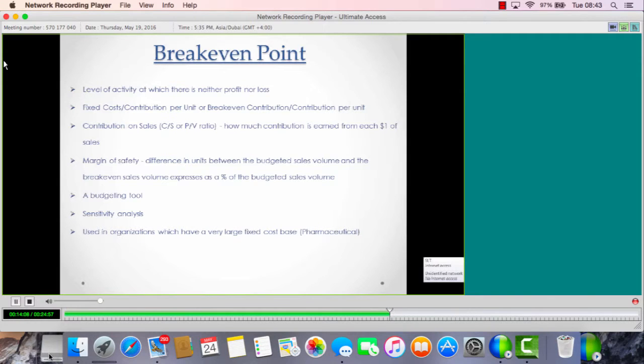This is basically used in companies which have a very, very high fixed cost base, right? For example, pharmaceutical companies do a lot of research and development on drugs, right? They incur significant costs to develop a drug.